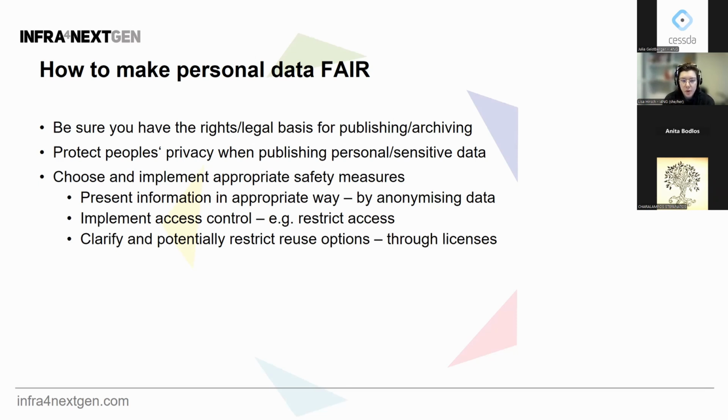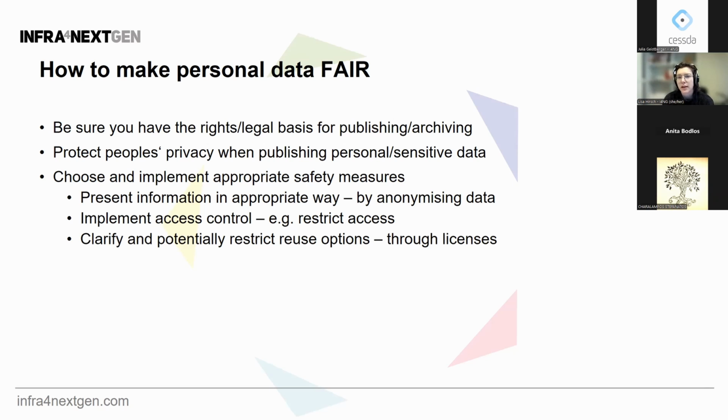So the first question is how to present information in an appropriate way, for example, by anonymizing data. The second tool is to implement access control, for example, through restricting access. And the third option is to clarify and potentially restrict reuse options through licenses.